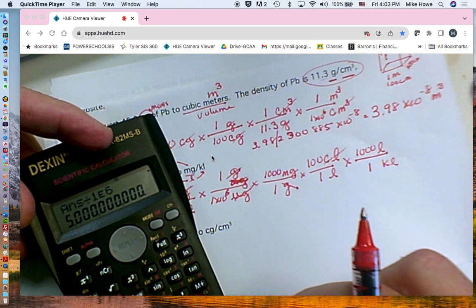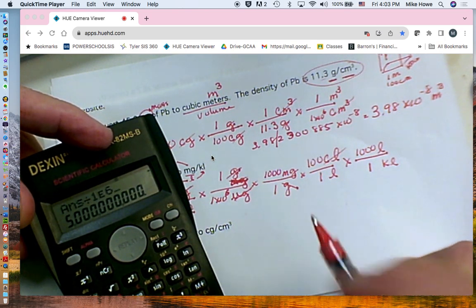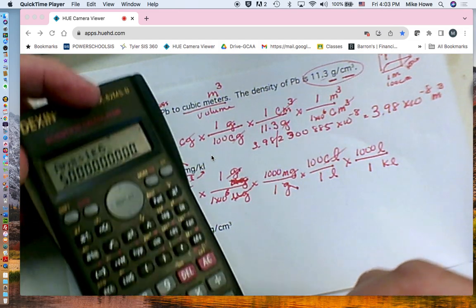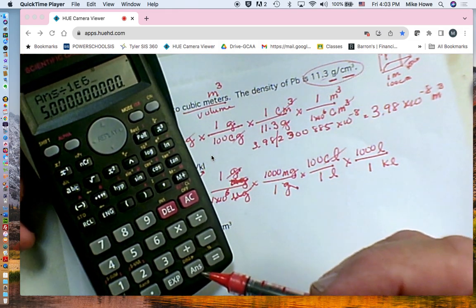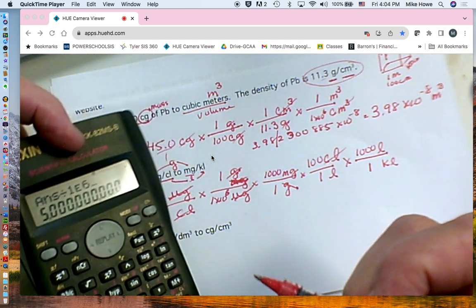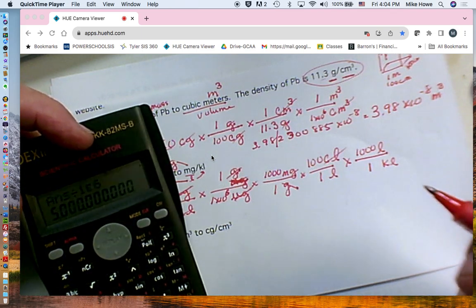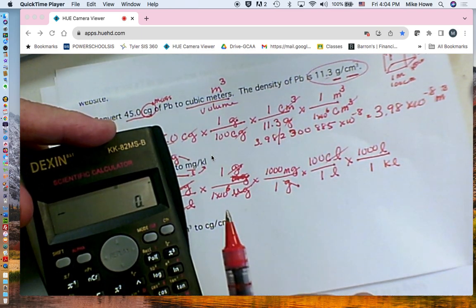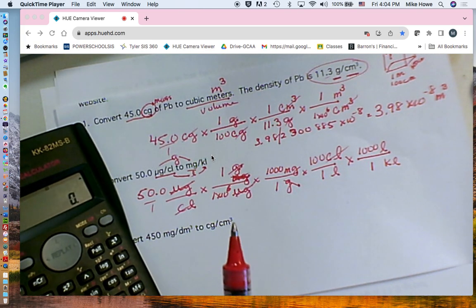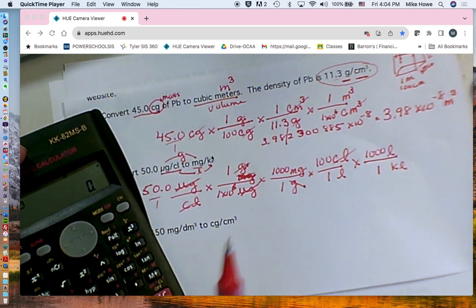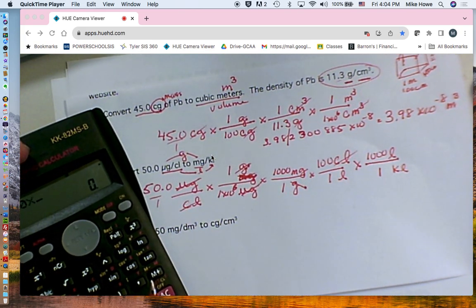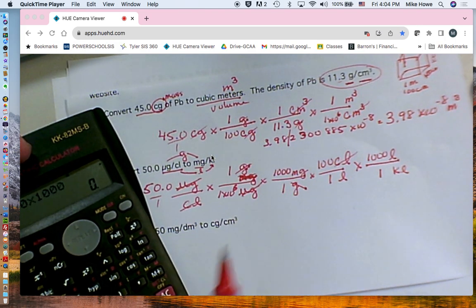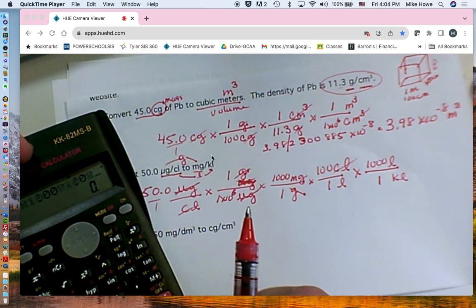If you're using your phone at home on these, the EXP key is an EE key. Maybe I'll do the next one on my phone so you can see what it looks like on an iPhone. All right, so that answer is this number. Now, I quit paying attention while I was talking about the EE key, so I'm going to run through it one more time. So 50 times 1,000 times 100 times 1,000.